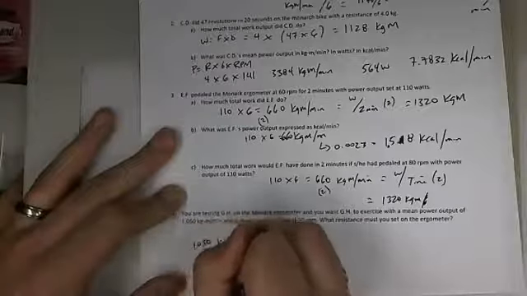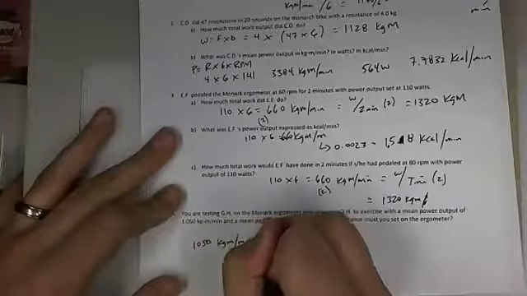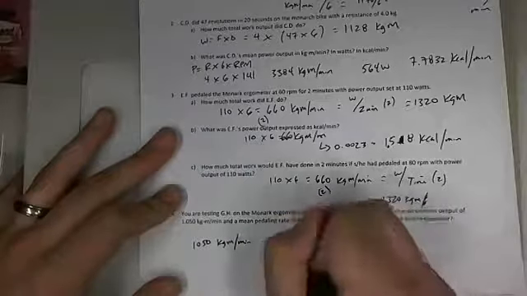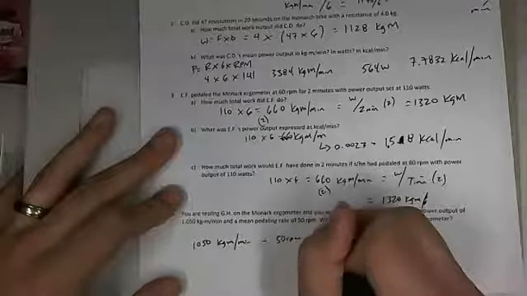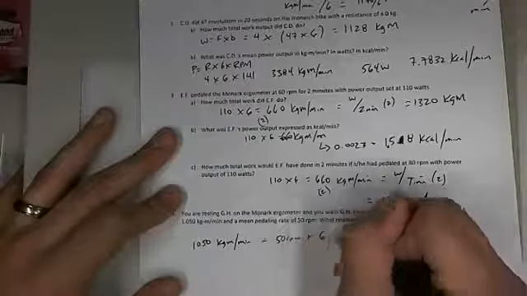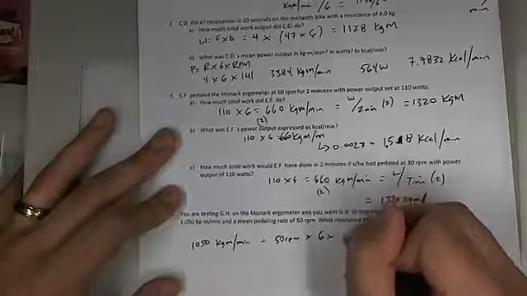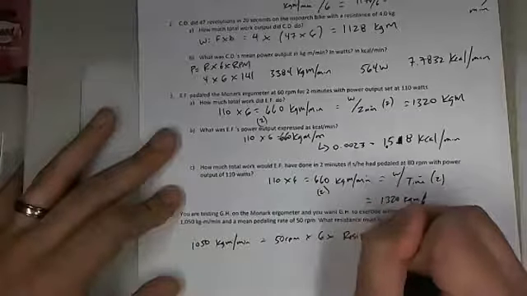So our power output is 1050 kilogram meters per minute. And we have a mean pedaling rate of 50 RPMs. We know that our constant is 6 meters per revolution. However, we don't have our resistance in this case.